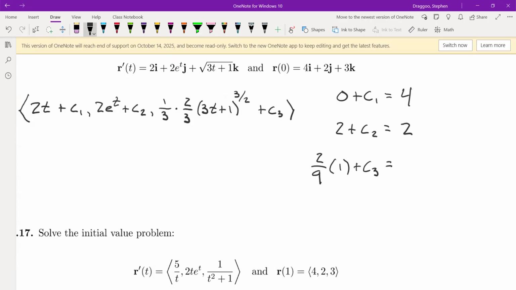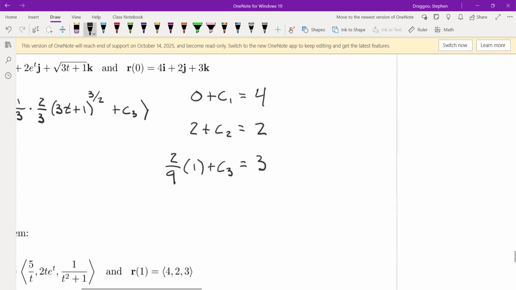Plus c3, I know that that is equal to 3. So I can figure out what those constants all are. c1 is 4, c2 is 0, and c3 is 3 minus 2 ninths, which is 25 ninths. 27 over 9 minus 2 over 9 got me to 25 over 9.